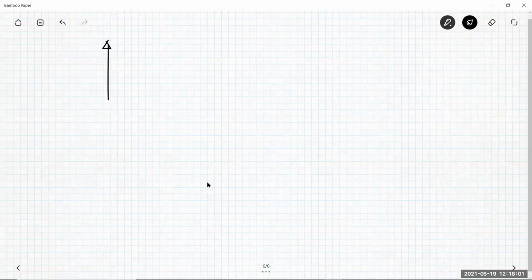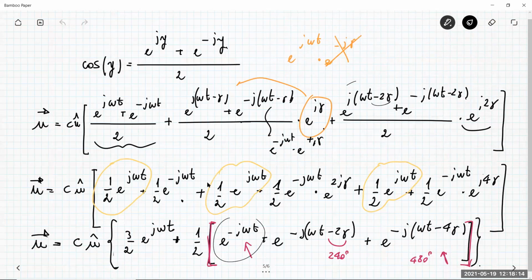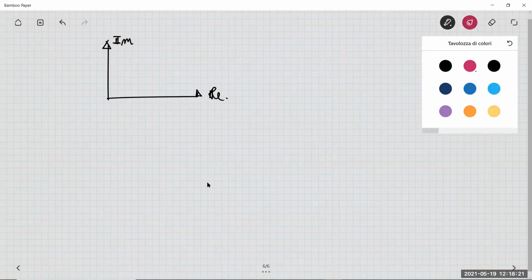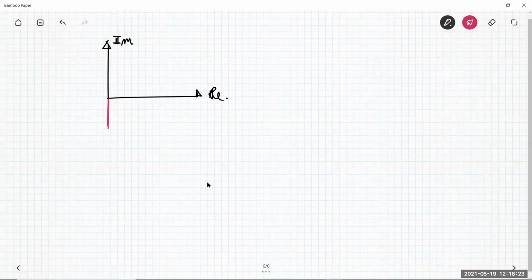Suppose that you have the imaginary and the real part. It means that you have a representation of this exponential, which has a behavior like this one. It is a pure imaginary quantity here, and then we can plot it in this way.